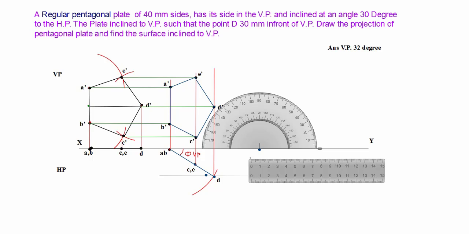First we mark the 30 degree, and we draw the 30-degree inclined line with XY.